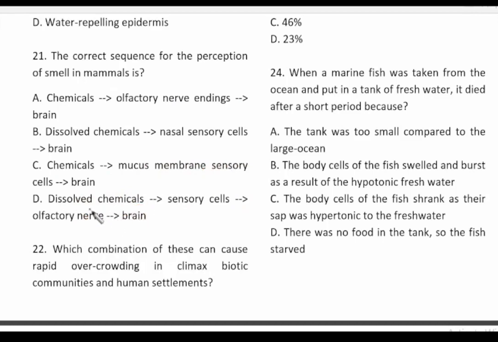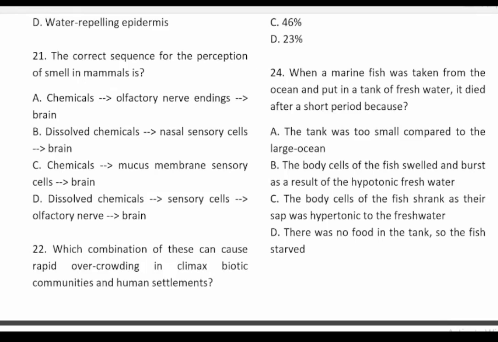When smell is to be perceived, there is going to be the need of the substance to be perceived. So it actually starts from that substance. So we have dissolved chemicals, and then it moves to the receptors of this smell. The receptors of the smell are the substances that actually receive this stimuli, and they happen to be the sensory cells. The sensory cells around the nose help to receive this stimuli.